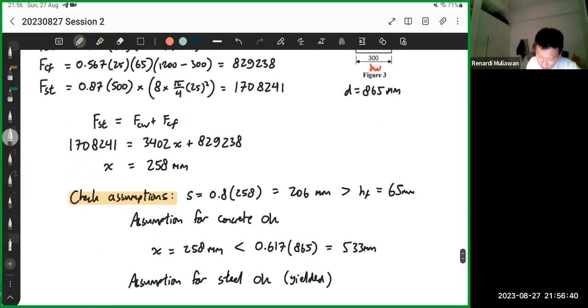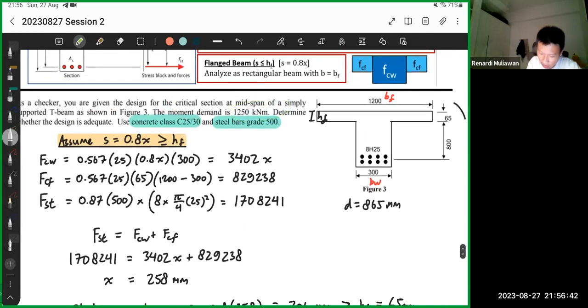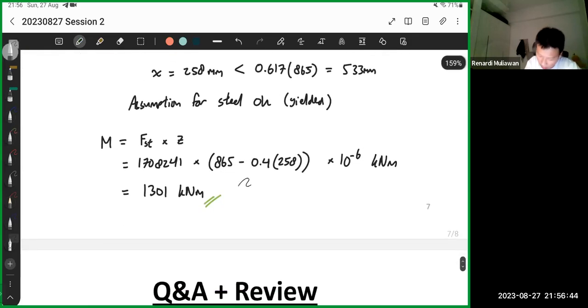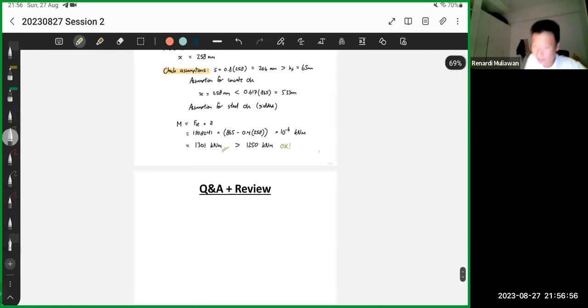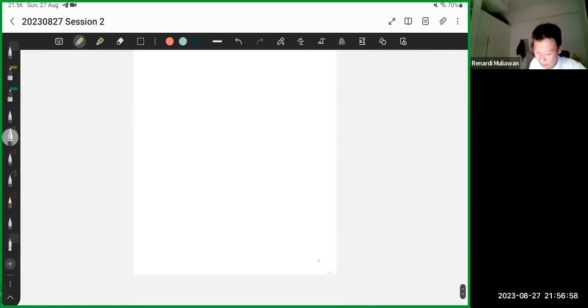So the design is just 1,150, so bigger than 1,150. So if you notice, we are done. So just on time, exactly 1.5 hours. That's the target actually.